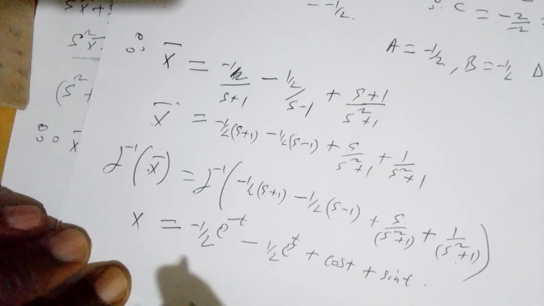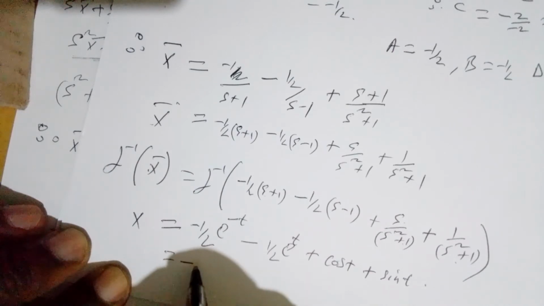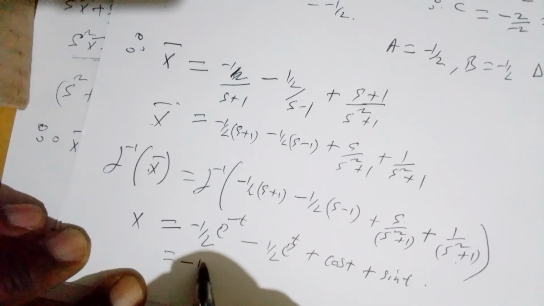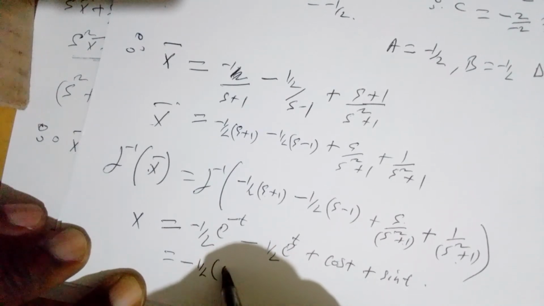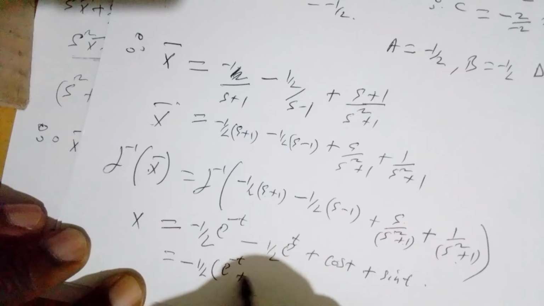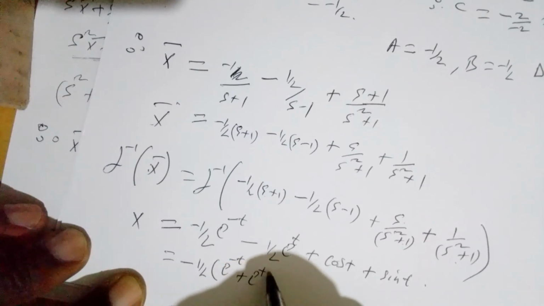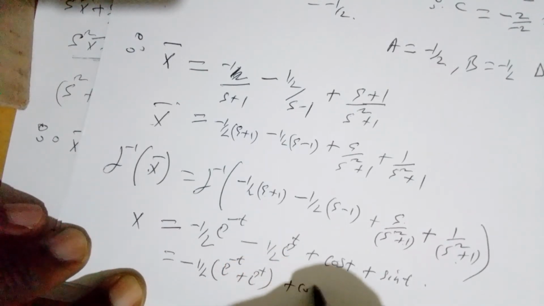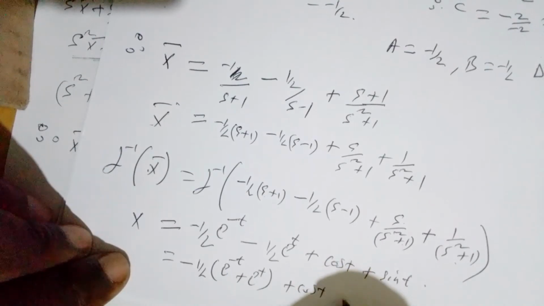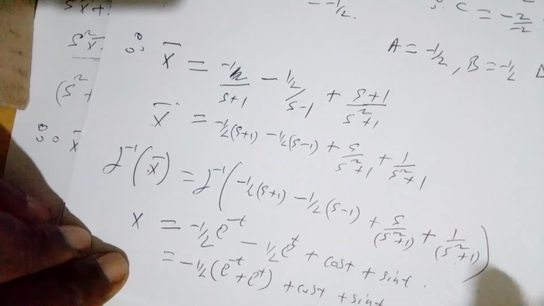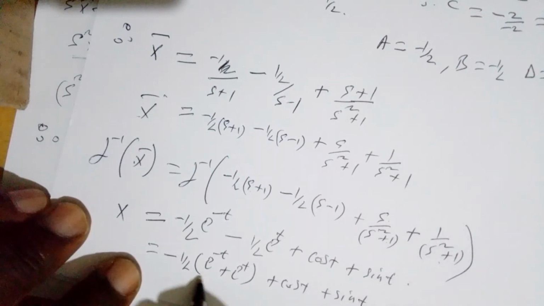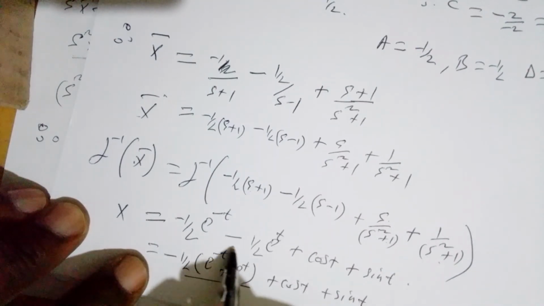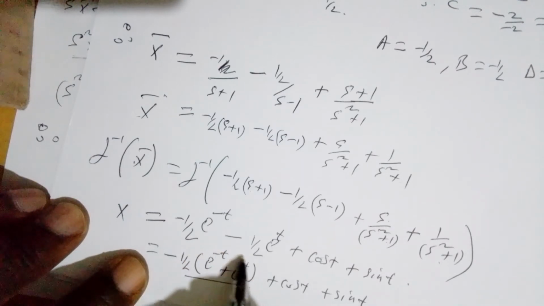Now this is the same as minus a half into exponent minus t plus exponent t, plus cos t plus sine t. But you realize that what is this? This is cos t.